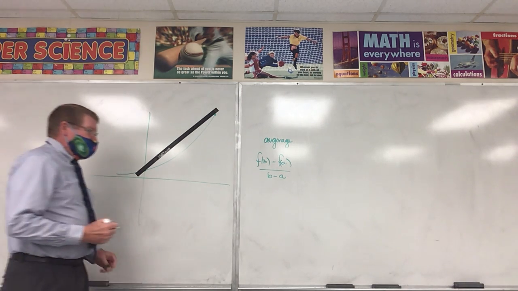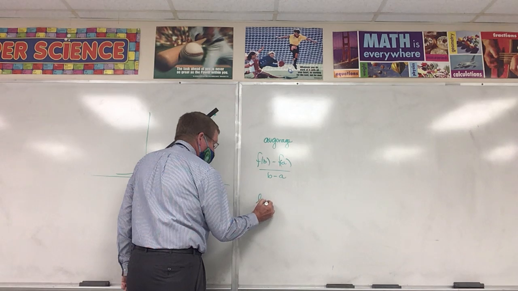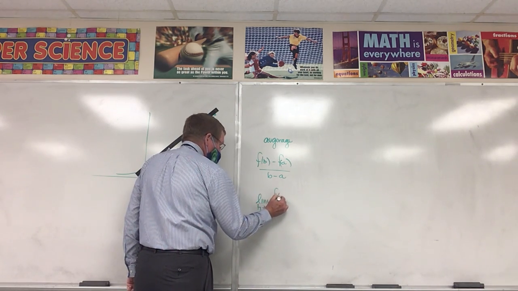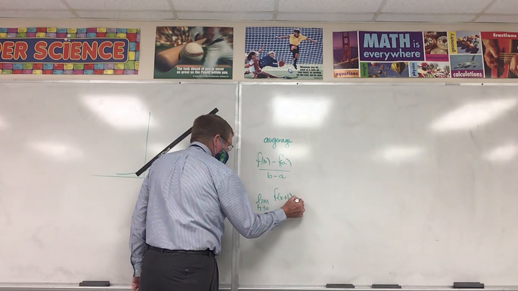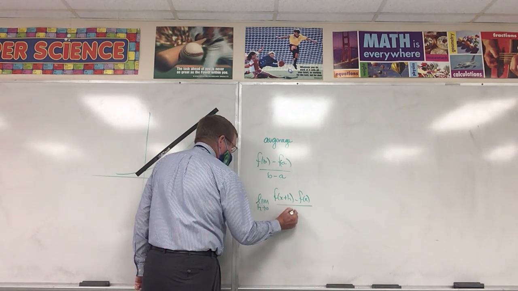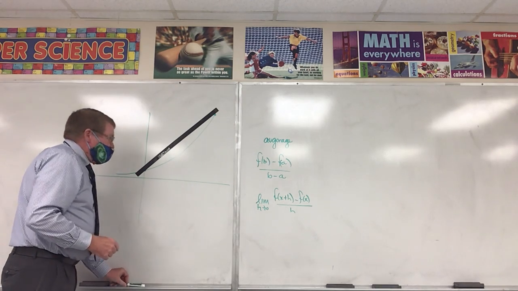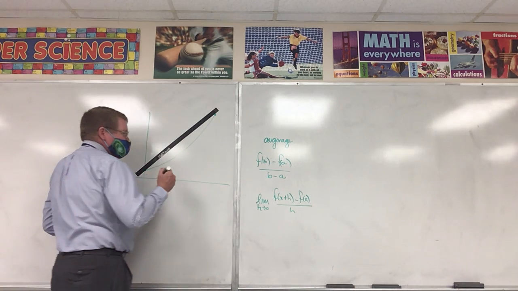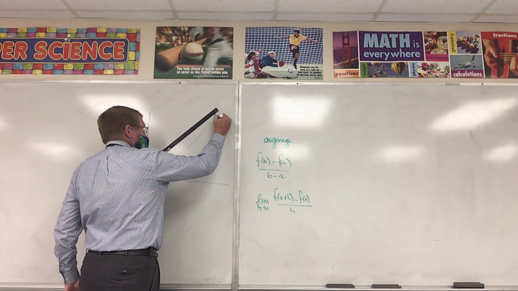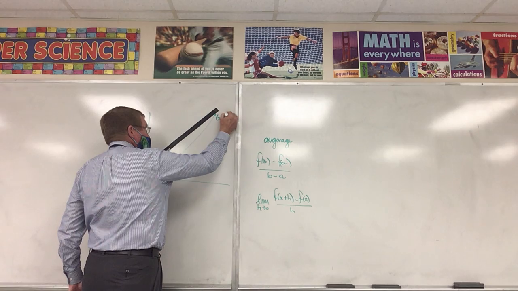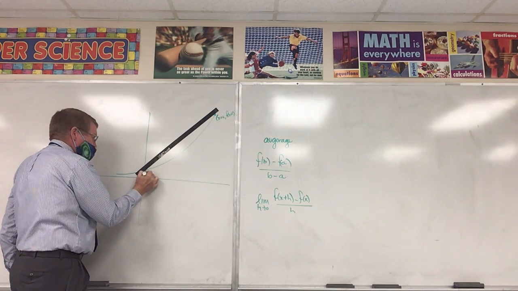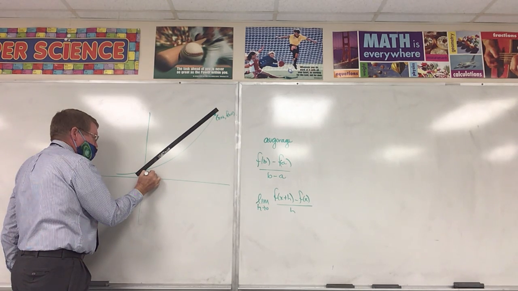Alright, then we had this equation that said the limit as h approaches 0 of f of x plus h minus f of x over h. So we said that if we make a second point and say that this second point is x plus h, and this is f of x plus h, and this is x and f of x.